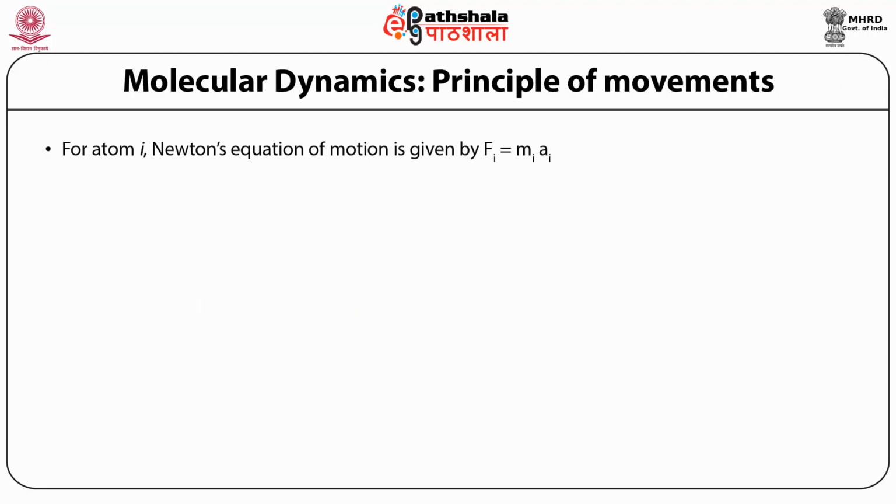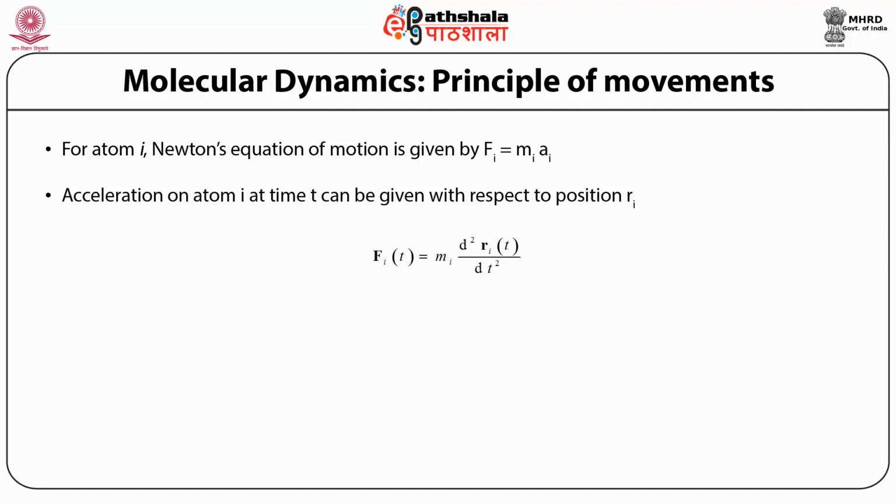Molecular dynamics in terms of principle of movements. For an atom, Newton's equation of motion is given by the formula force is equal to mass times acceleration. The acceleration on this particular atom at time t can be given with respect to position r by this particular formula.